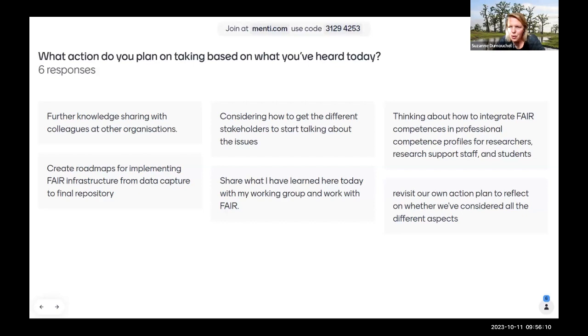And we have a question from Marianne to the colleague who wrote from data capture to final repository. Would you also consider beginning the data lifecycle in the repository with actual reuse? I don't know who wrote this point, but if this person would like to take the floor, it's completely fine, or answer directly in the chat.